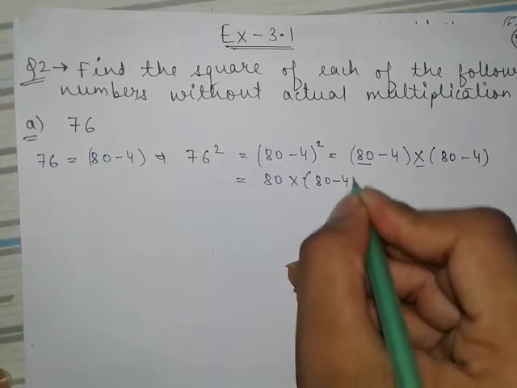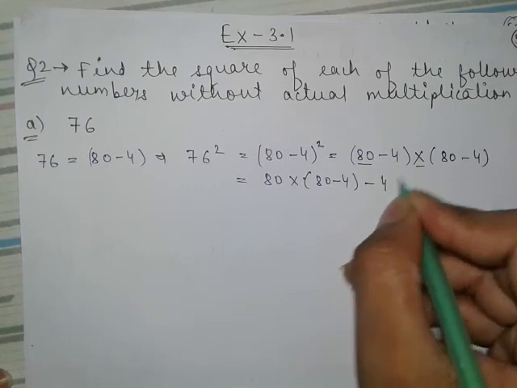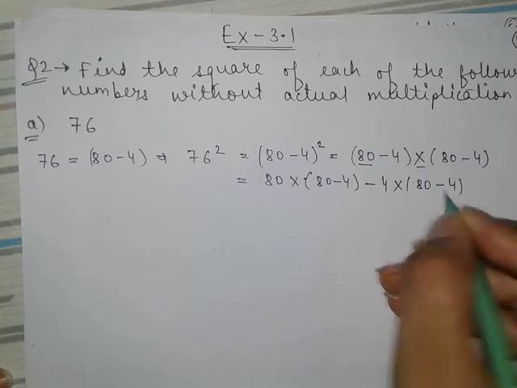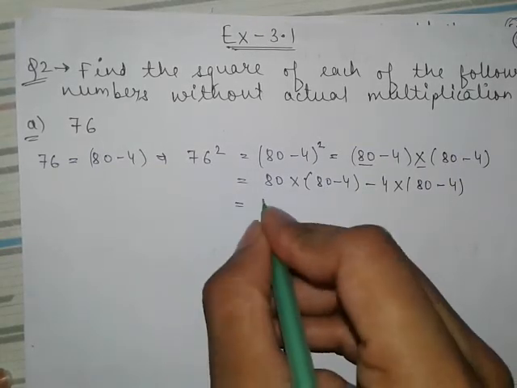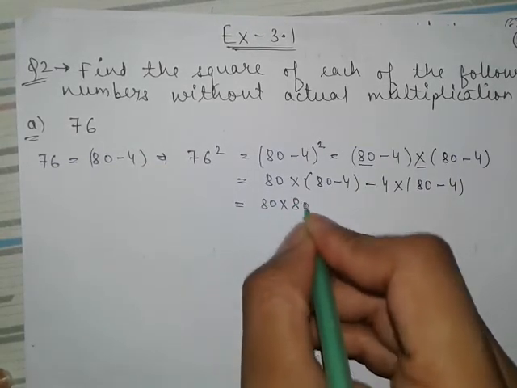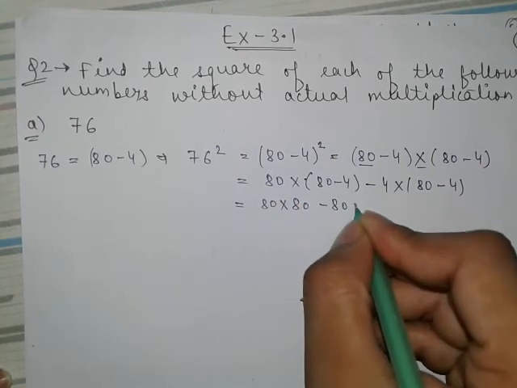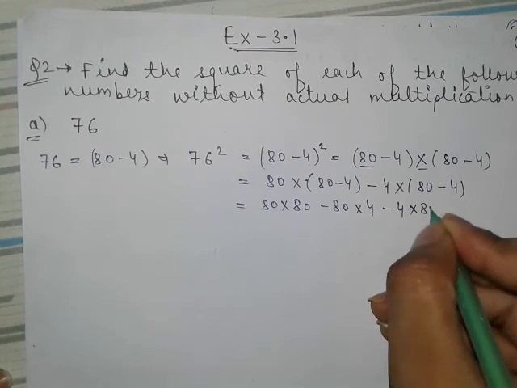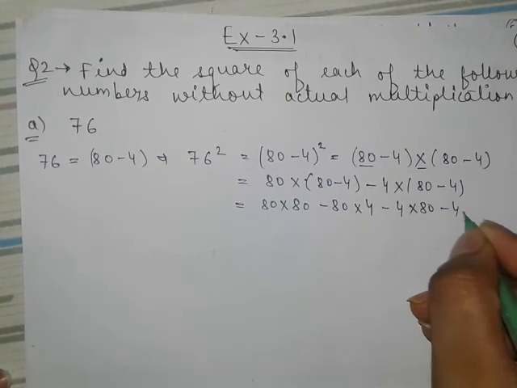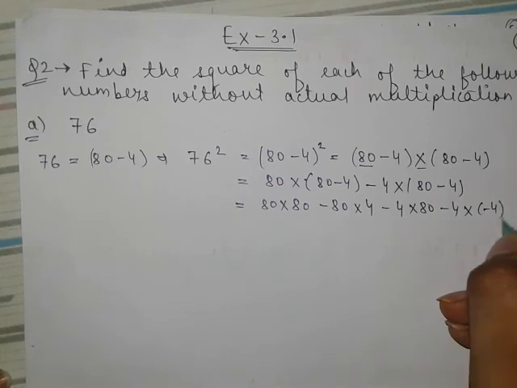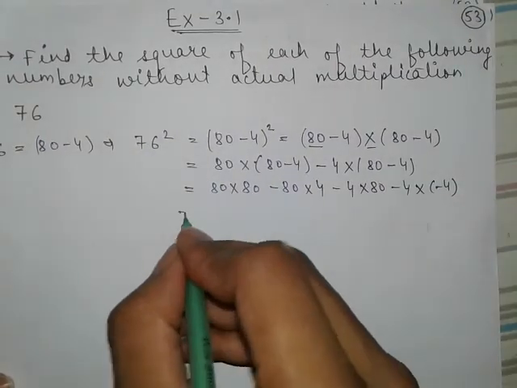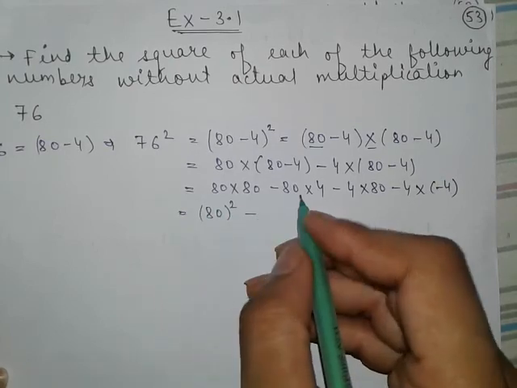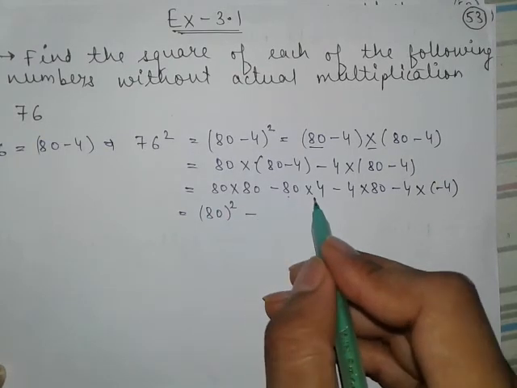Now apply the distributive property here. So 80 multiply by 80 minus 80 multiply with 4 minus 4 multiply with 80, then minus 4 multiply with minus 4. Okay, so 80 multiply with 80 gives you 80 square.